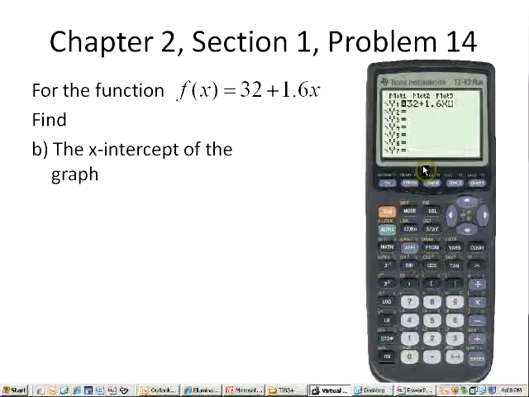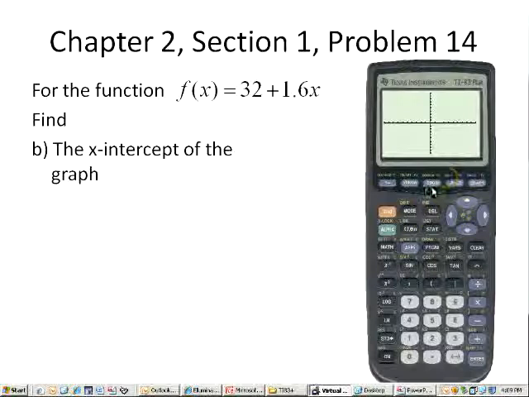Now, for our window, we could use the standard window, number 6, the Z standard, but I don't think that's going to show us what we want. If we look at the graph, we don't see anything because of the 32 and so forth.